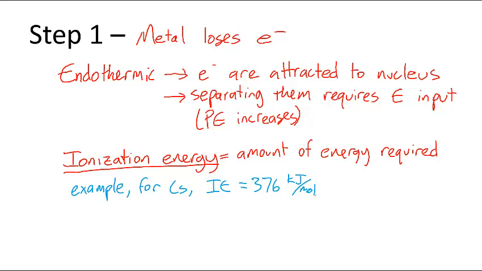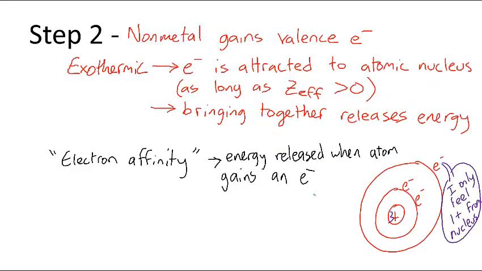Then we looked up the electron affinity of fluorine, and it was 328 kilojoules per mole. So what that means is fluorine, when it takes an electron, releases 328 kilojoules per mole of energy.